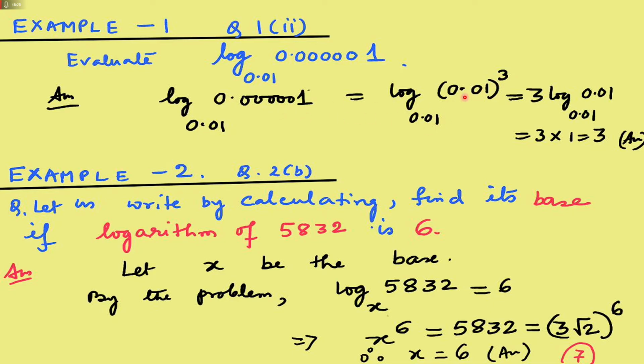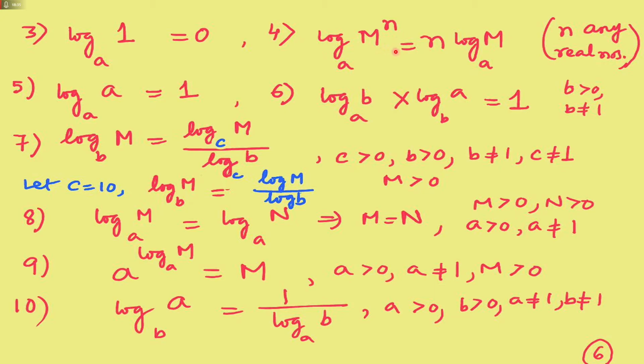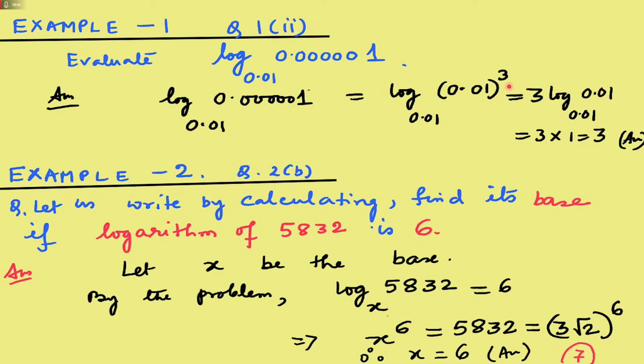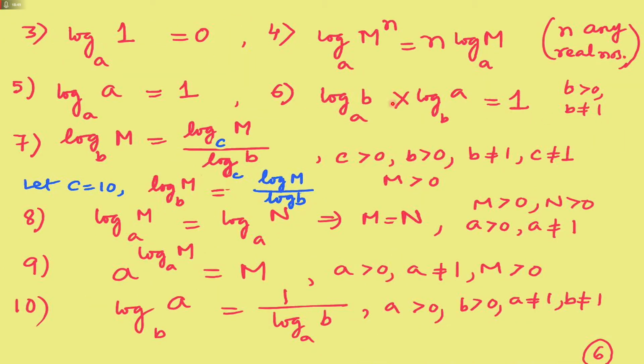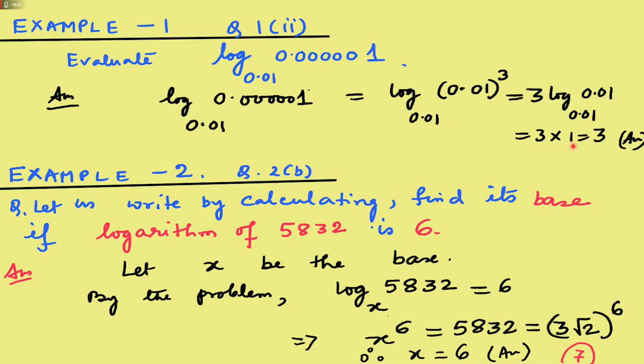Now this cube will come in front of log due to this relation, log m to the power n is equal to n log m. So here I am using this formula and I am getting 3 log 0.01 base 0.01, and by this relation we can write this as 1, so our value is 3.